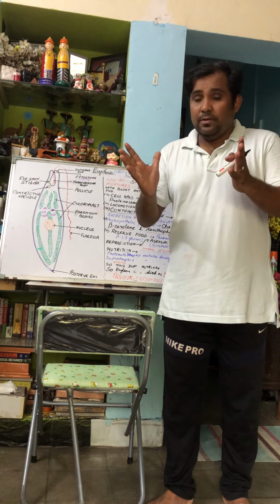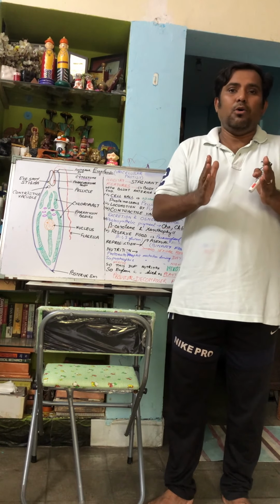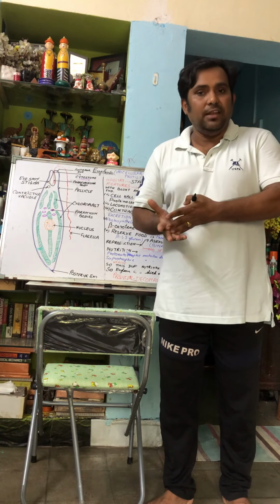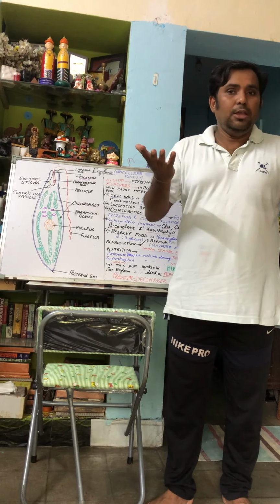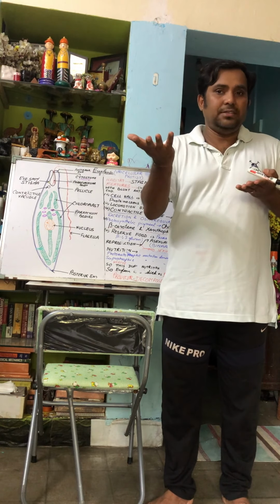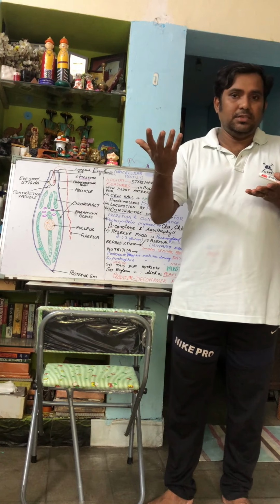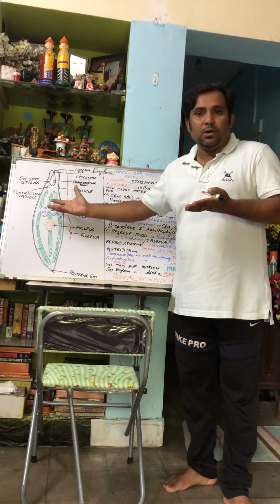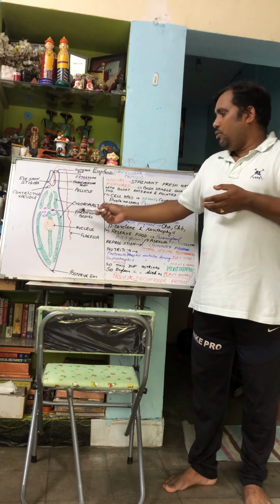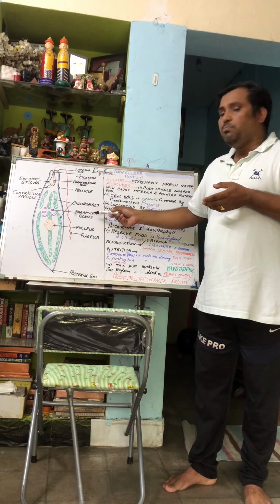With this help, it carries out oxygenic photosynthesis when sunlight is available. So during the daytime, Euglena is mostly seen floating on the water surface, carrying out photosynthesis due to the presence of these photosynthetic pigments.